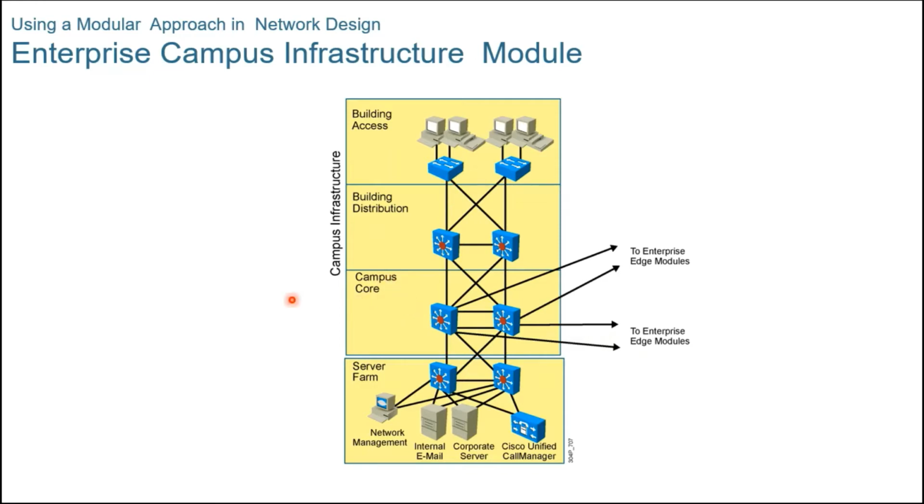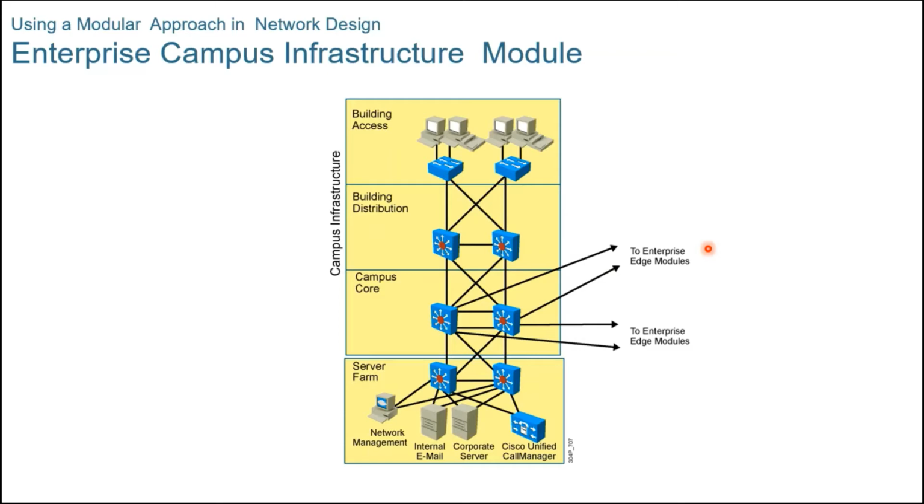Okay, so let's start with the Enterprise Campus modules. So this section introduces the Enterprise Campus functional area and describes the purpose of each module therein. It also discusses connections with other modules. Okay, so an enterprise campus site is a large site that is often the corporate headquarters or a major office.